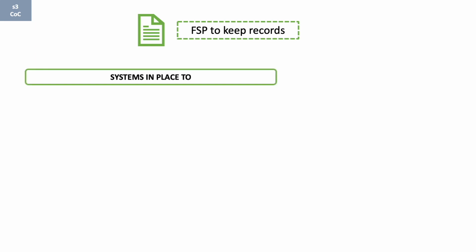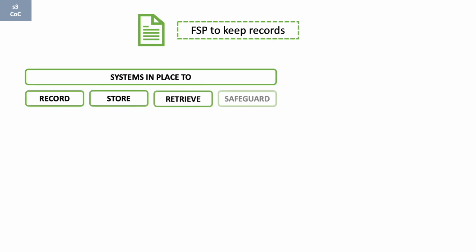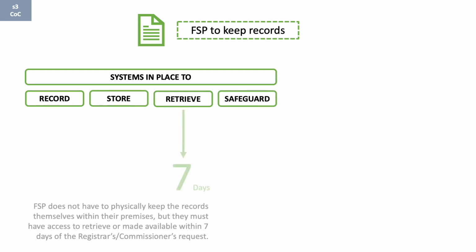The FSP must have systems in place to record, store, retrieve, and safeguard the documents of its clients. The FSP does not have to physically keep the records themselves within their premises, but they must have access to retrieve or have them made available within 7 days of the registrar's request. Therefore, the FSP has 7 days to retrieve records from its third party that stores on its behalf.